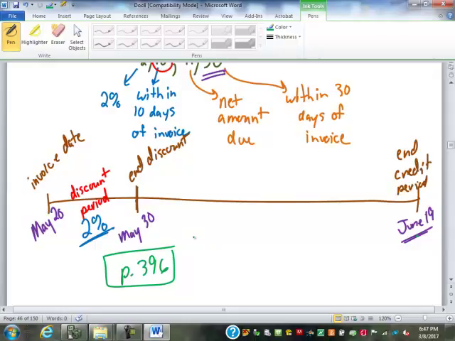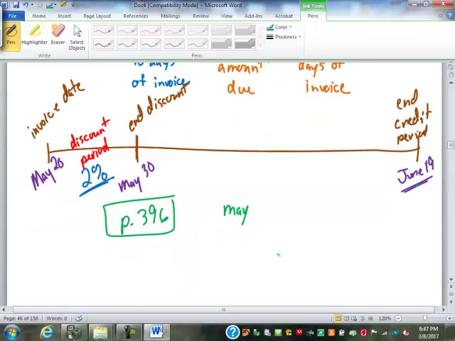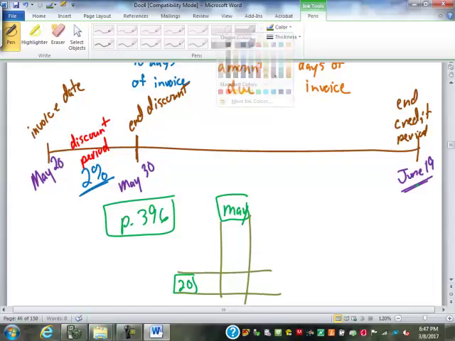So on page 396, if you looked at May and went down the side and found 20th, you'd follow those, and you'll see that May 20th is the 140th day of the year. So this is day 140.